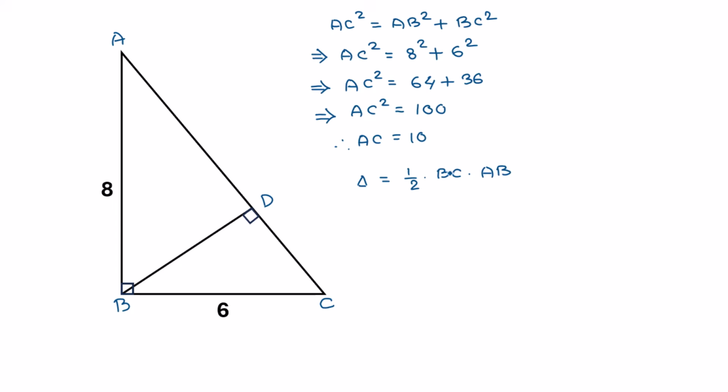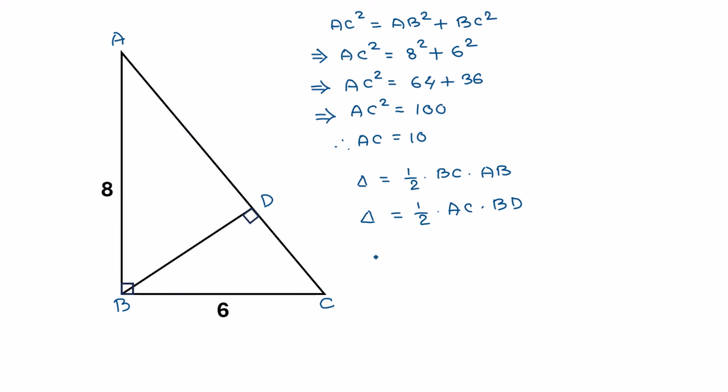And the area of this triangle when AC is base and BD is height, then the area will be half times base AC times height BD. And both are the same triangle ABC. So these two will be the same.